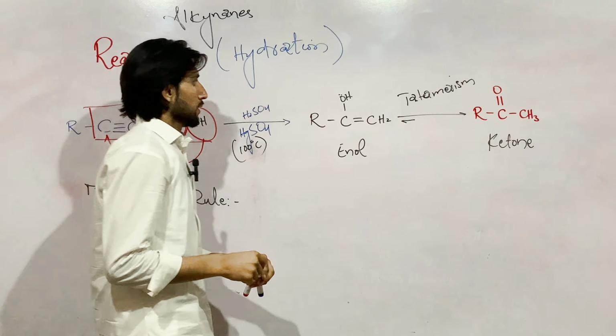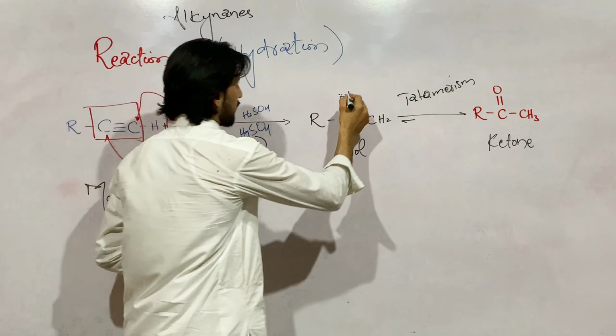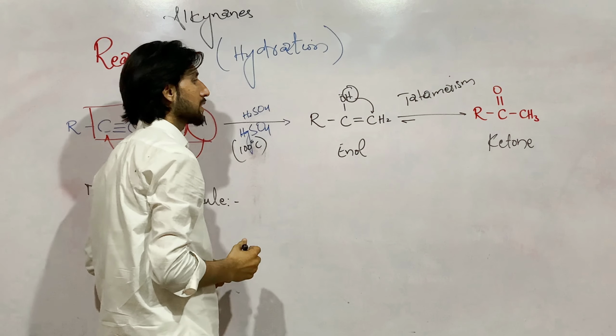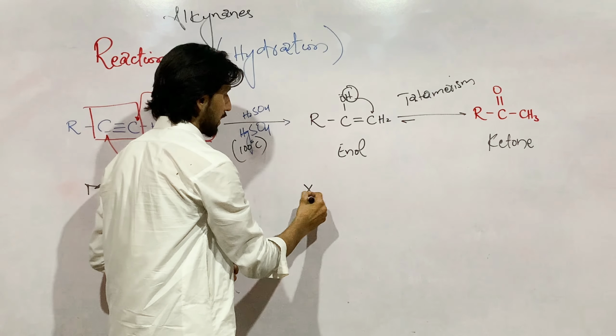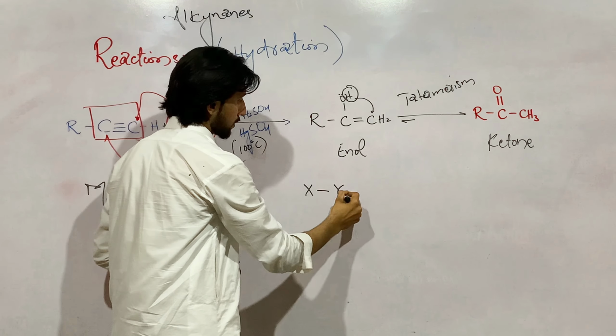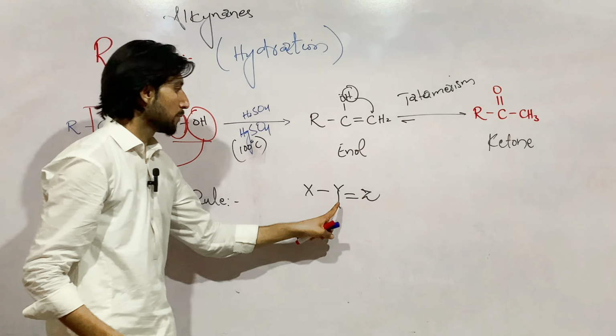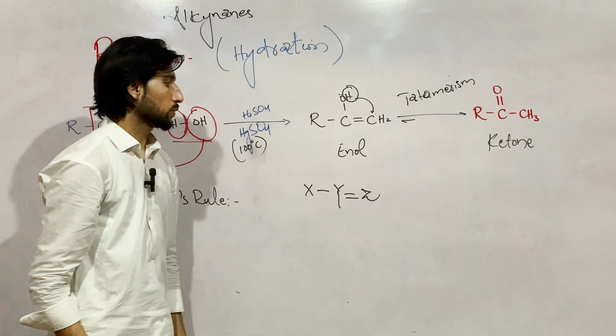What happens is the shift of this proton to this carbon atom. This is called tautomerism. We see X singly bonded to Y, which is doubly bonded to Z.